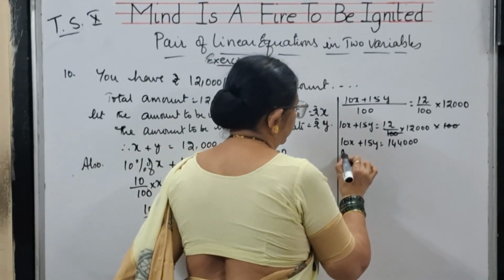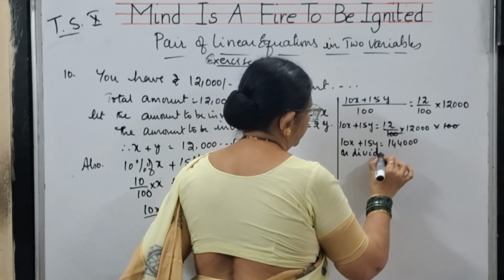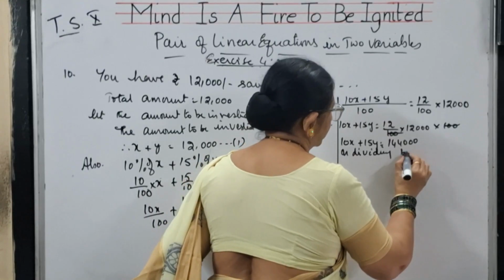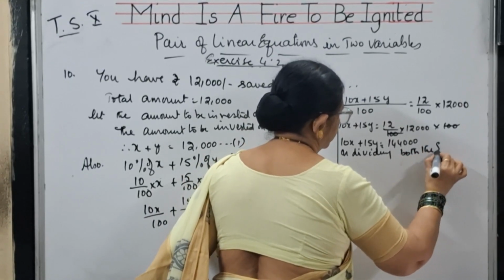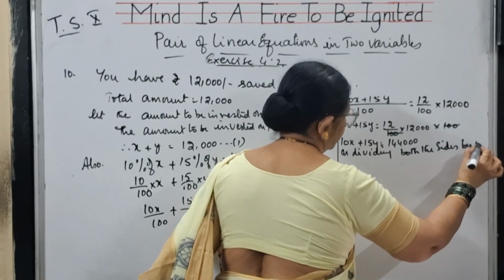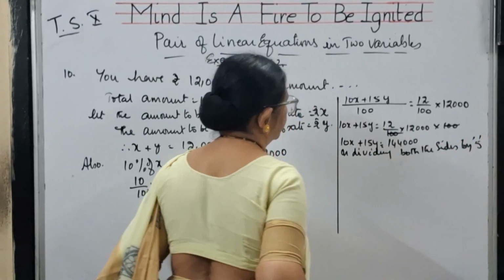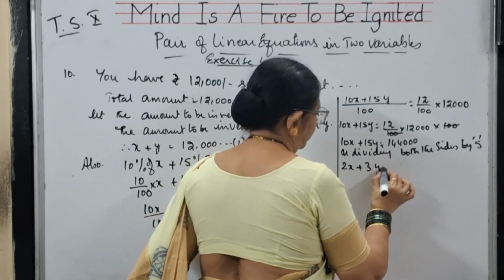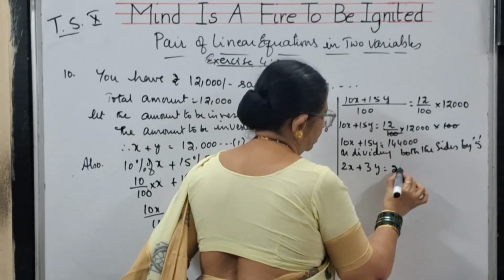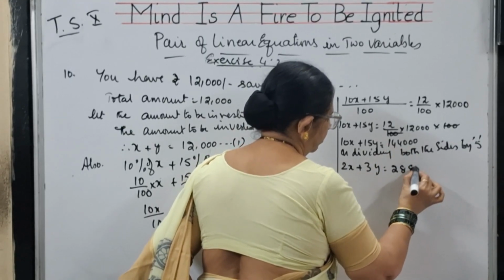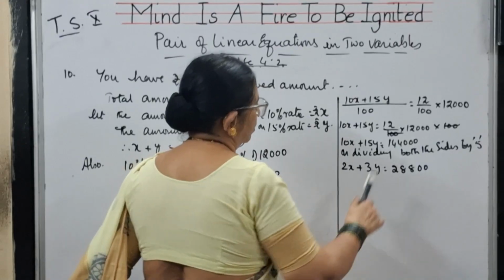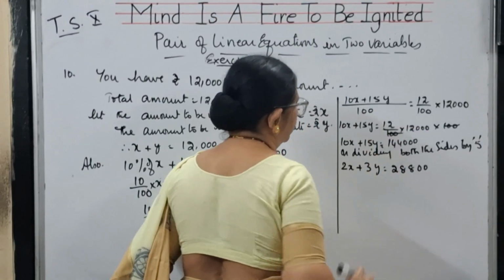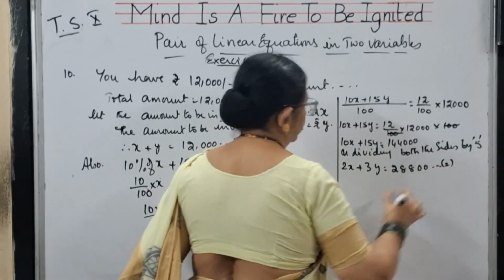Dividing both the sides by 5, 2x plus 3y is equal to 28,800. This is the second equation.